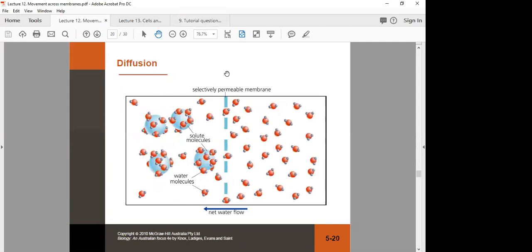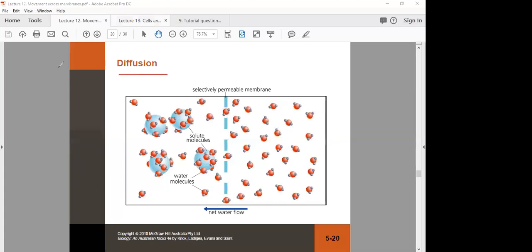All right, so let's look at osmosis. To the right of this selectively permeable membrane, we have only water molecules. So let's think of this as pure water. In this example, where you have only pure water molecules, water is said to have the highest possible level of free energy, and that's given a value.